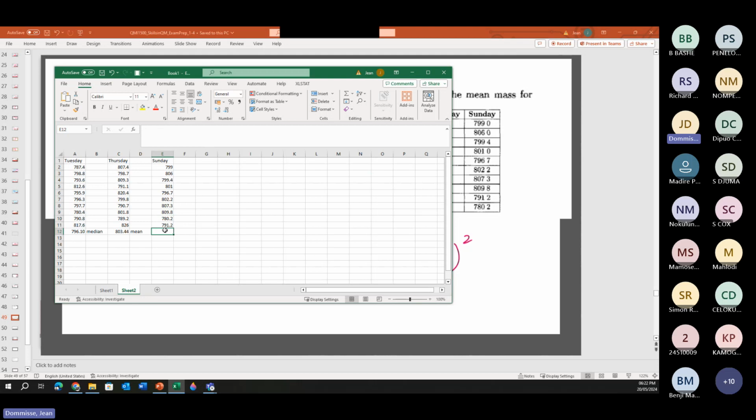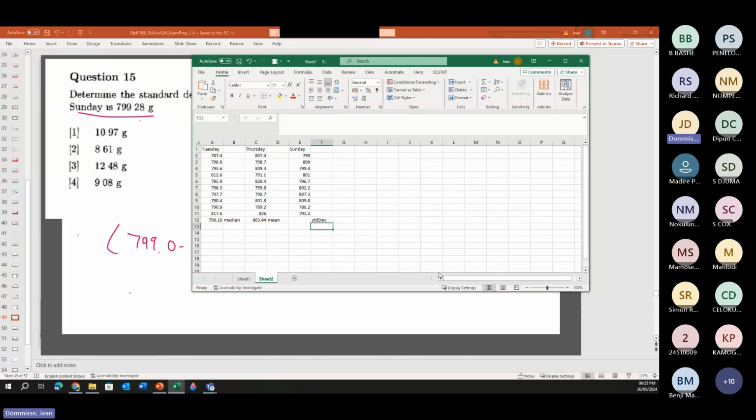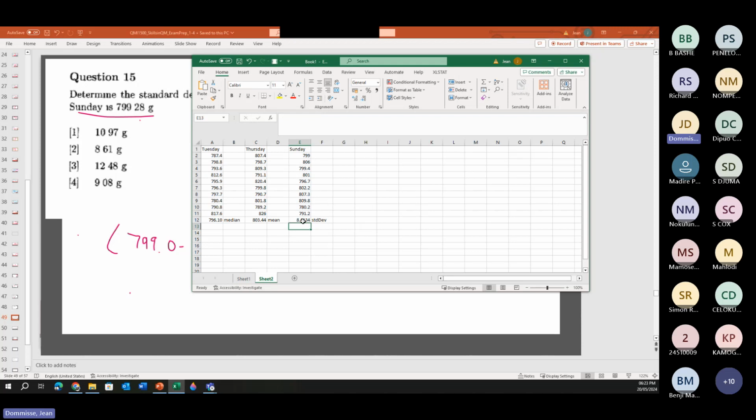And basically what we want for that is the standard deviation. There is a formula, and this is a sample, so we take the sample standard deviation, and if we round it off to 2 decimals, 8,61.